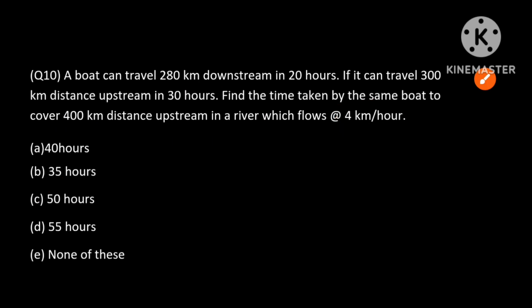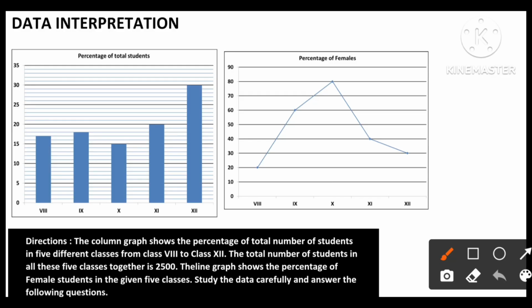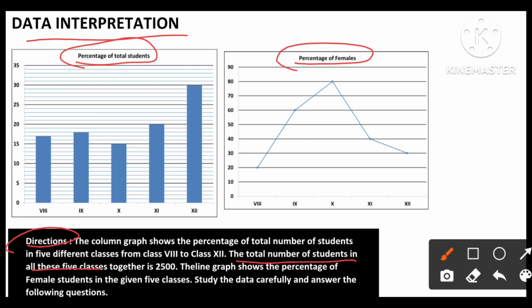By this we have completed a total of 10 arithmetic questions. Now we are going to deal with data interpretation. Here the bar chart gives the percentage of total students, and the line graph gives the percentage of females. In the directions it is given that the total number of students in all 5 classes together is 2500.